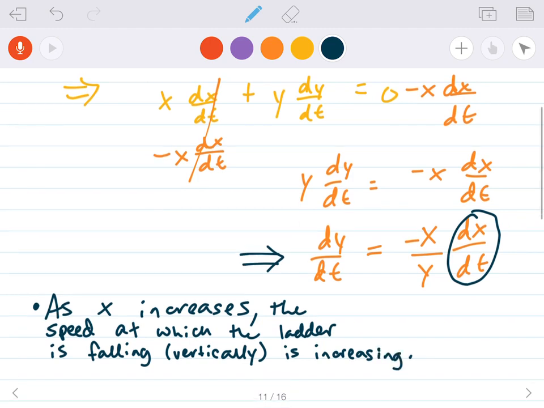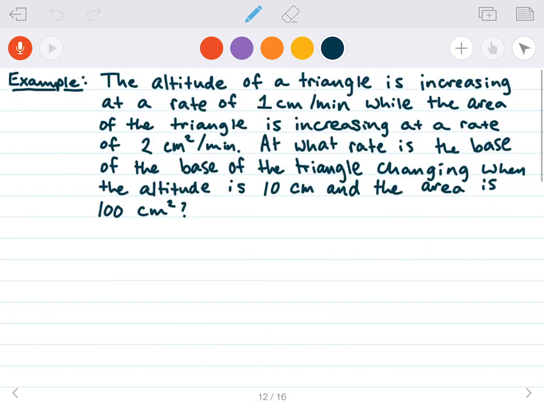Okay? So that was that example. A very classic problem in calculus, this problem of the ladder sliding down a wall, basically.